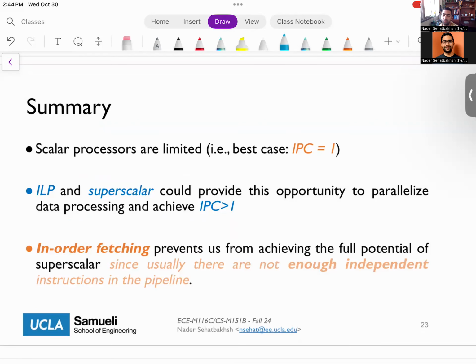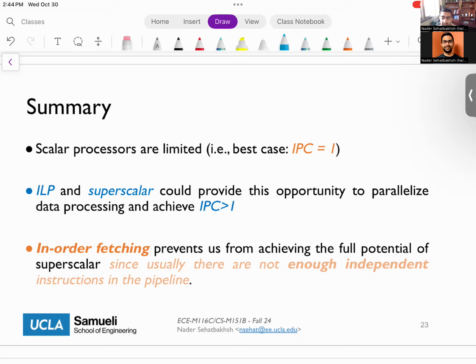But generally, to summarize, what is happening is that in scalar processors, at best we can do IPC equal to 1. But if we use instruction level parallelism and superscalar, we could tentatively provide IPC more than 1. The problem, though, is that there are lots of challenges that we need to address in order to be able to fully utilize this.